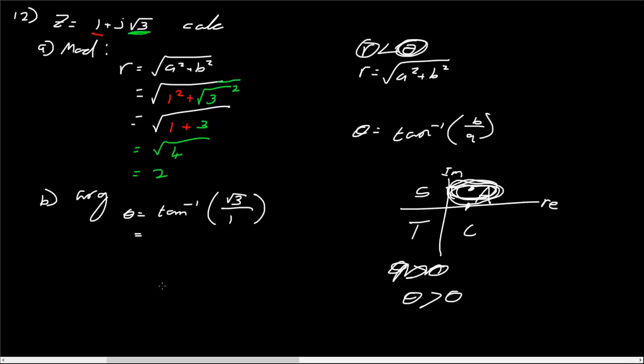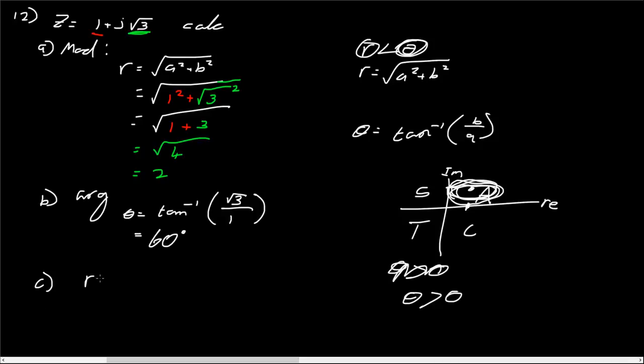So let's just pop this into our calculator and we'll get the answer. Theta equals tan inverse of root 3 over 1, which is 60 degrees. Fantastic. Part C says write the given complex number in polar form.